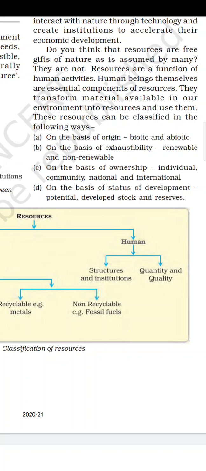Then last is on the basis of stages of development. Then potential, developed, stock and reserve. So each should be clear. Potential means you are having everything, means you are having that technology to use this resource. You are able to use it. You know how to use it.